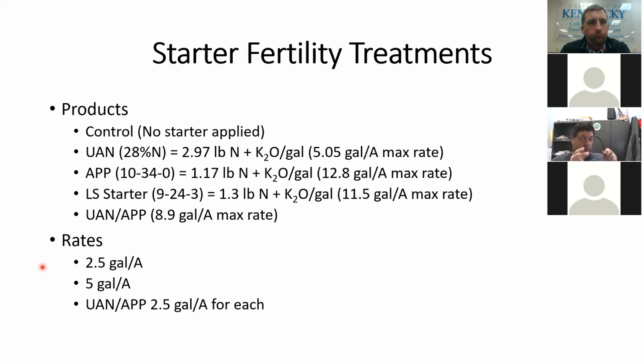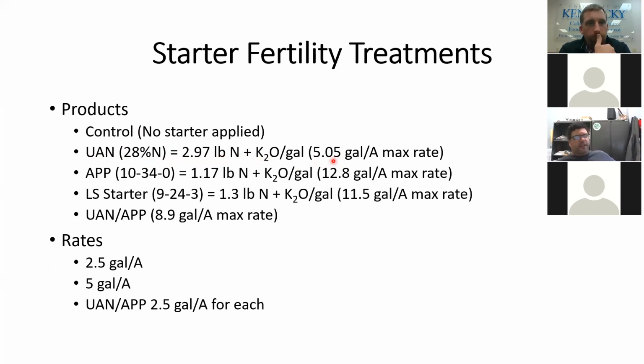So this is a little bit busy, but of course we had our control with no starter added. We looked at UAN, 28% nitrogen, and that per gallon had 2.97 pounds of nitrogen. So we had 2.3 pounds of N plus K2O per gallon.